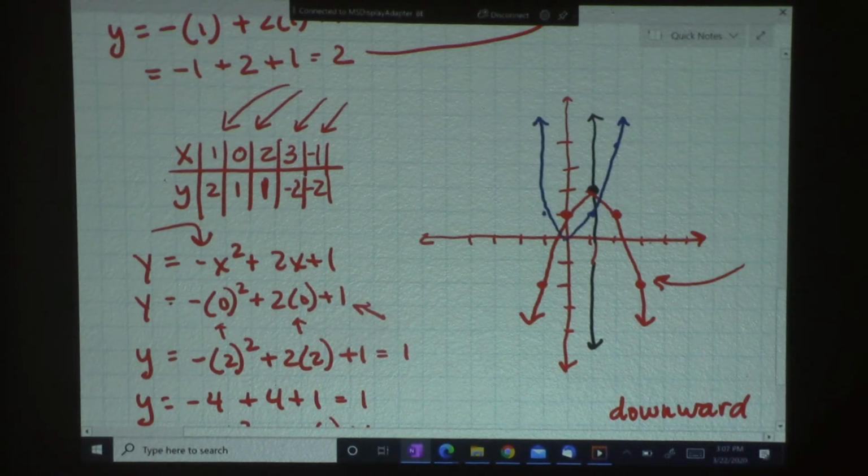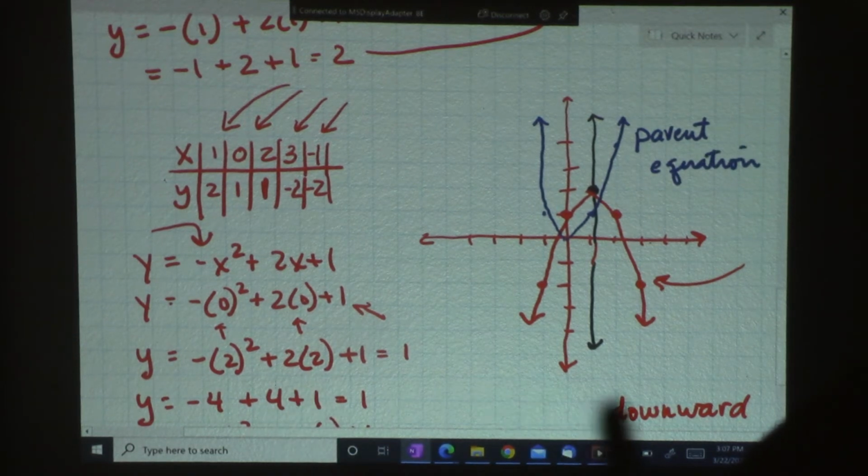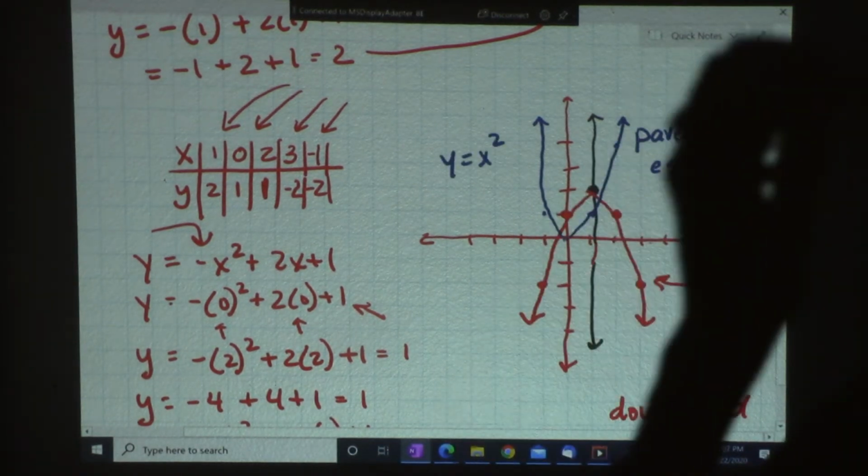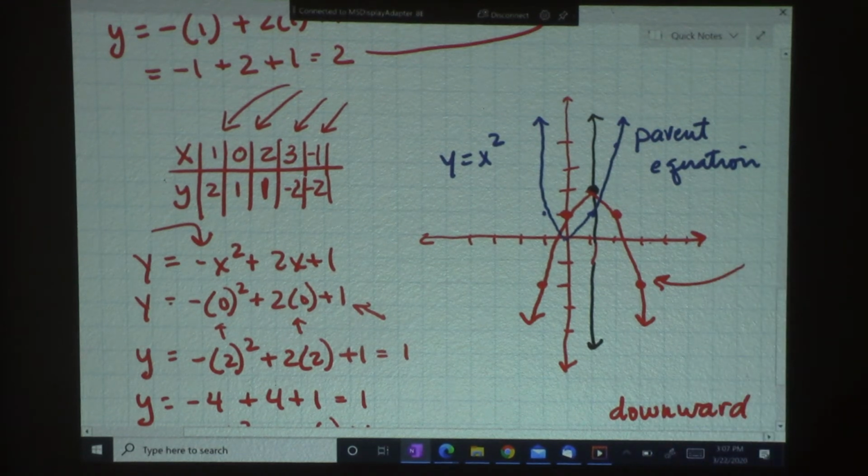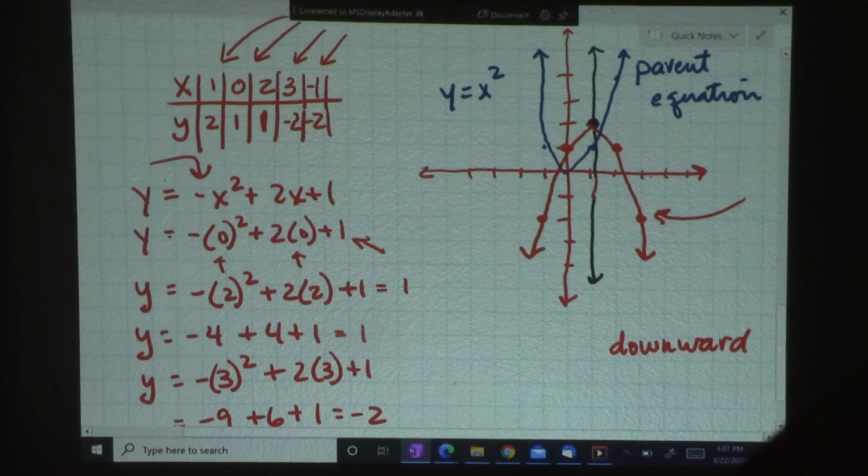In blue. That's the parent equation. I don't know if you remember us talking about that. That means y equals x squared. That's what the parent equation is. How do they compare? Well, I would say our new graph is a little wider.